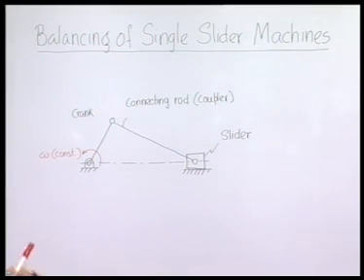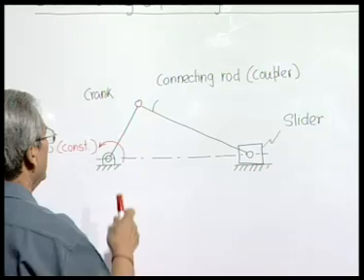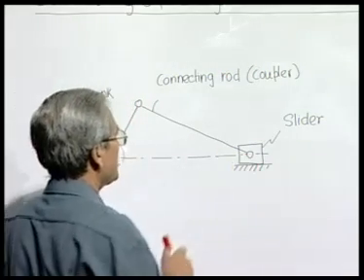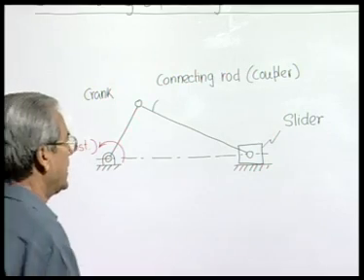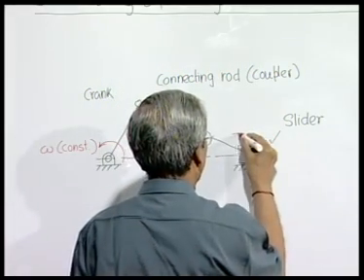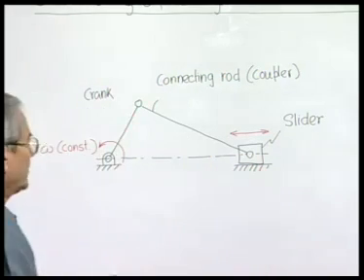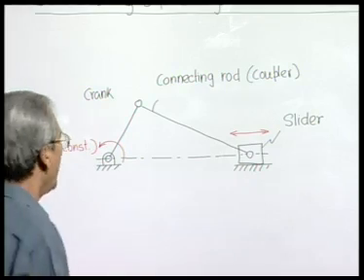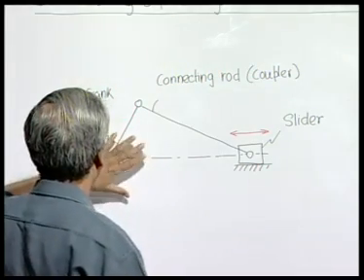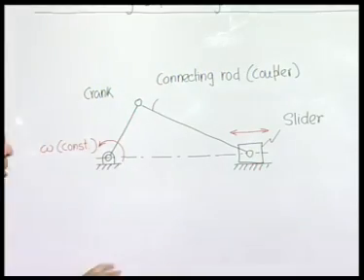So, I hope you are all familiar with this mechanism, where the crank continuously rotates and the motion of this crank is transferred to the slider with the help of the connecting rod, and the slider executes a reciprocating motion. So, we find that here there is one body, that is the crank, which is making a pure rotation.